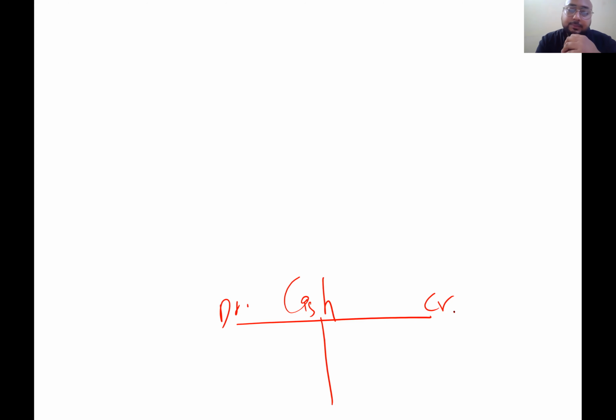So how do we represent the account? We make a T. The left hand side is called the debit side, and we represent it with DR. The right hand side is called credit, and we represent it with CR.